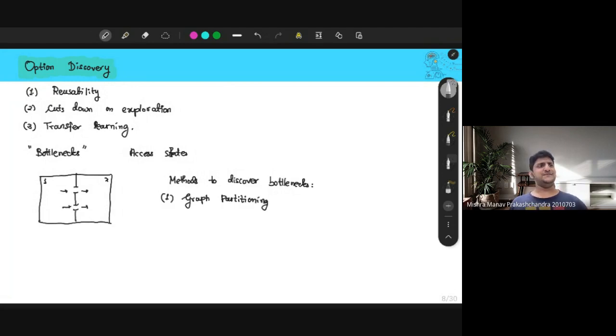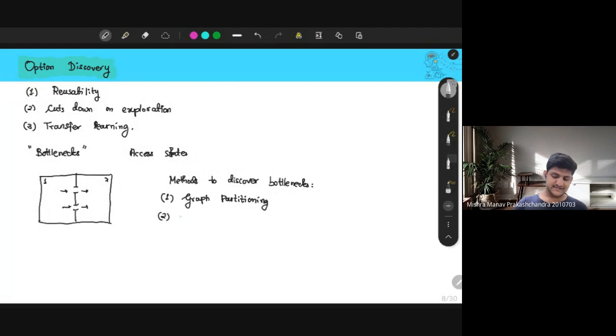Then if you draw all the connections from each state, to which states you can go, you will see that there are certain nodes that might be very weakly connected. If you want to go from the left part of the graph to the right part of the graph, you need to pass through those states, and those states are usually weakly connected. So these kinds of states found through graph partitioning represent a bottleneck. This is one method to find the bottleneck states.